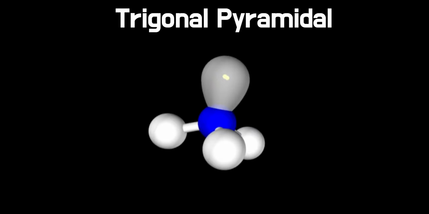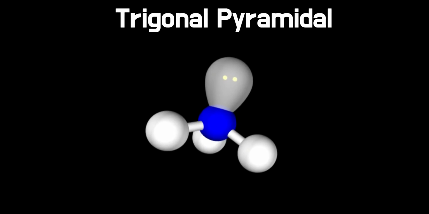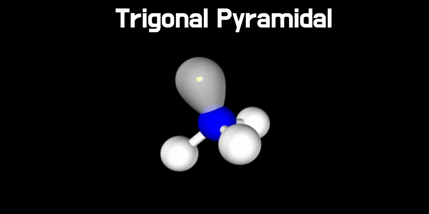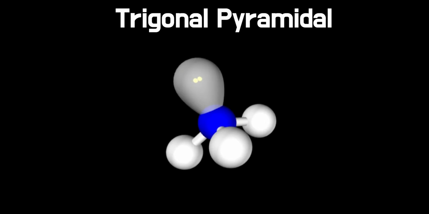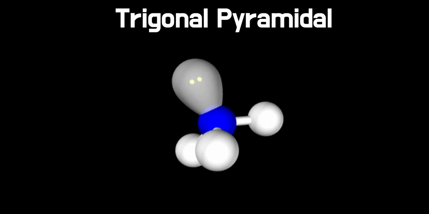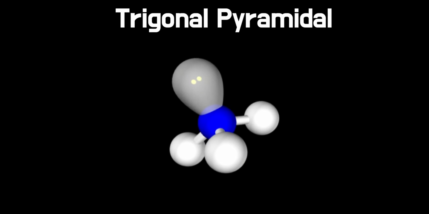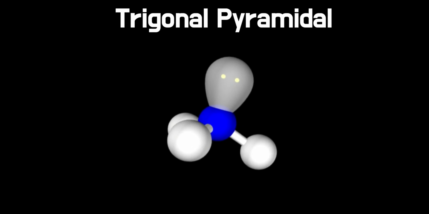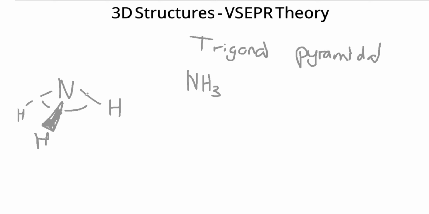Because in your 3D structure, you would have a bond going down, a bond going down this way, and a bond going this way. So you'd have a bond going into the page, out of the page, but sideways a little bit, because it's bent also. It has the bent structure, but because it has a third bond, you're going out of the page on an angle. So your trigonal pyramidal structure is 3 bonds: a normal line, a triangle one, and then a dashed one.